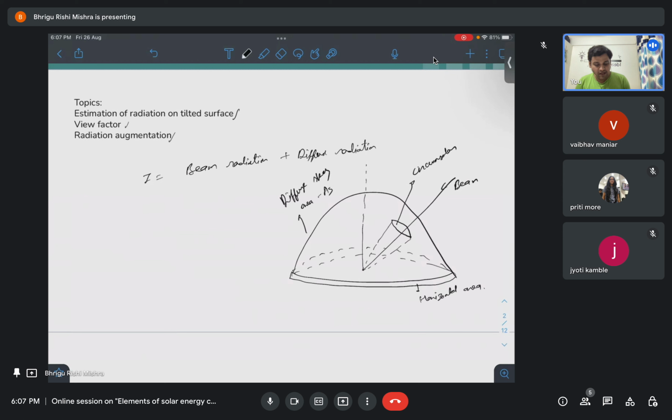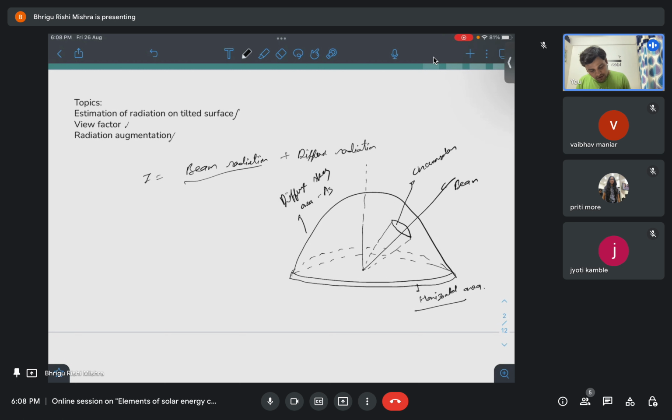So beam radiation we can calculate very easily. Now diffuse radiation has these three parts. One portion is whatever is diffused to the sky, another one is around circumsolar, okay, and the third one is from the horizontal reflection, whatever it gets from the horizontal.